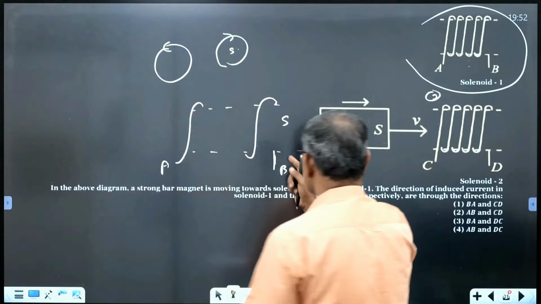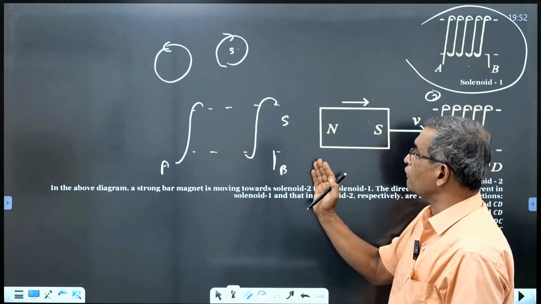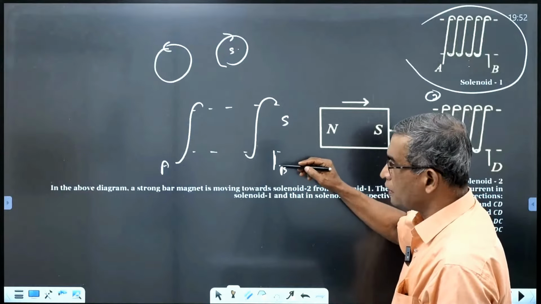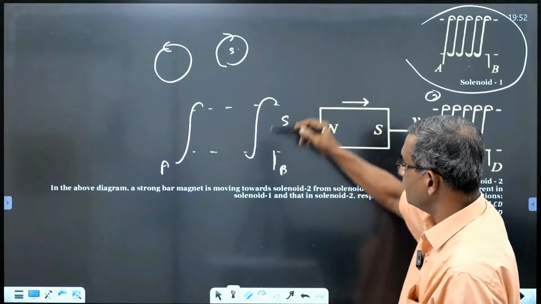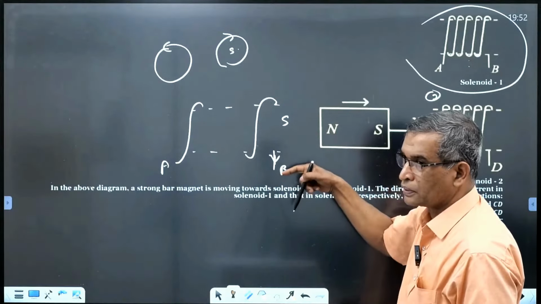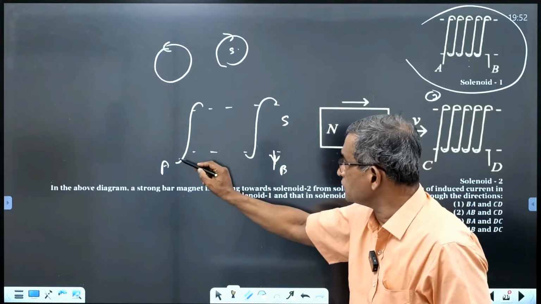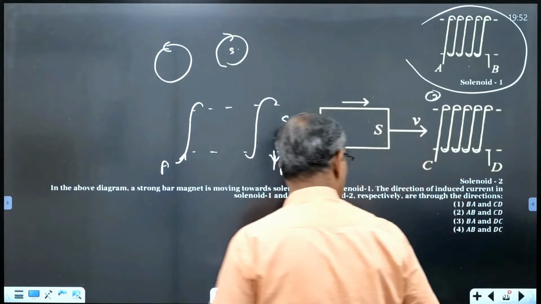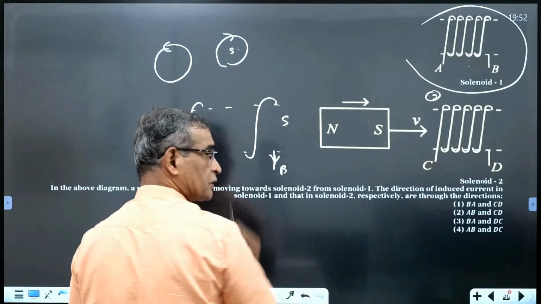Now this has to act as a north pole, and looking from here, the current must be clockwise. Clockwise means like this, so it must go like this. Then only the current is clockwise looking from here. And therefore, this is the direction of the current from A to B, as far as this coil is concerned.